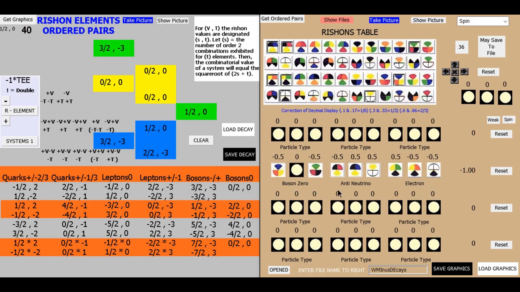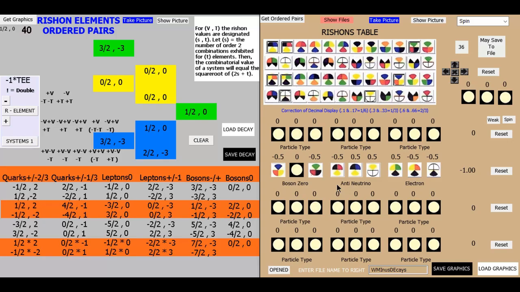And so, after the interaction between the muon, anti-muon, and muon pair, you will have two new particles. And these two new particles will be anti-neutrino and an electron.